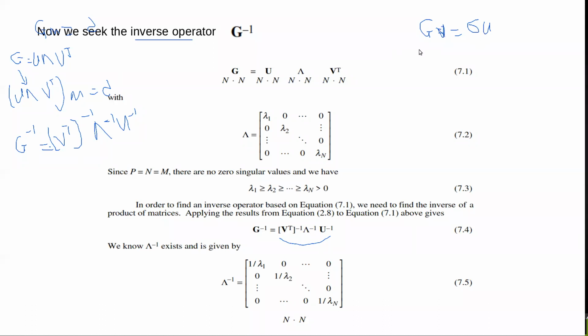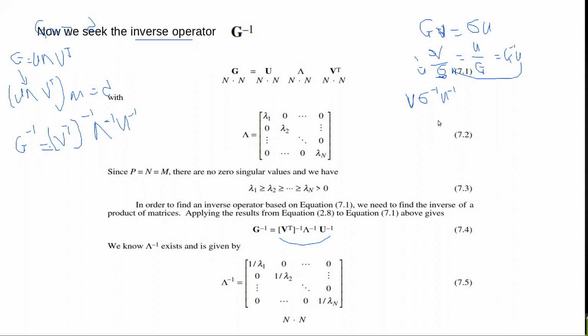If we divide by the singular values, we find the reciprocal of the singular values, and we have U inverse, while V hasn't moved.